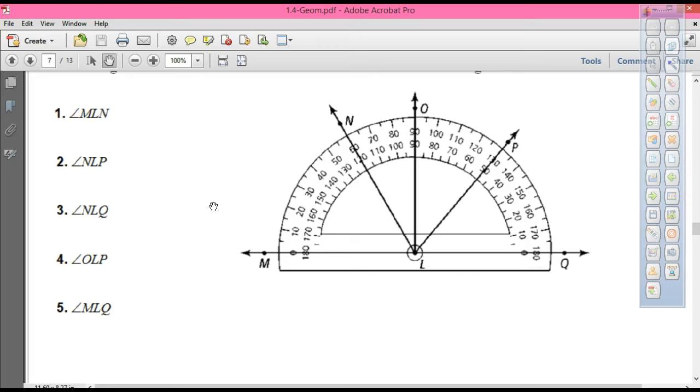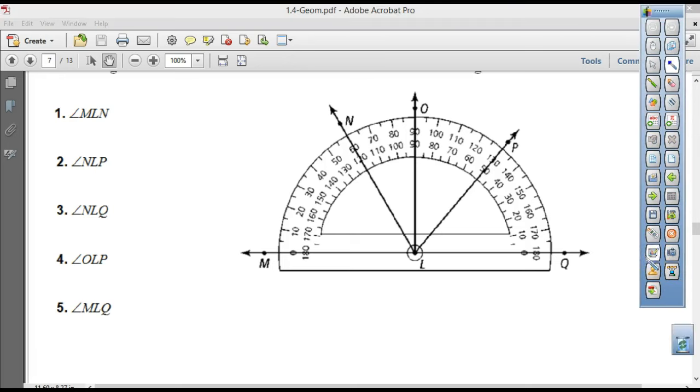All right, so MLN can either be 60 or 120. It's going to be 60.